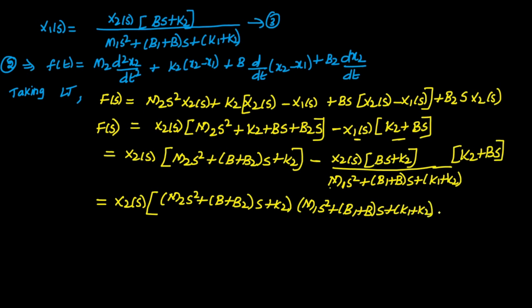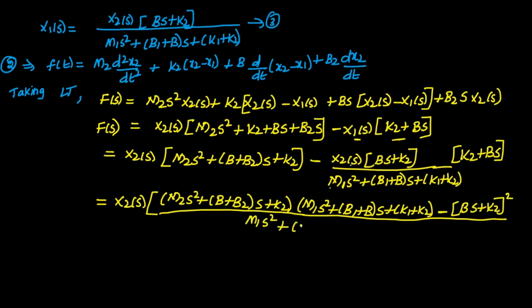Okay, minus x2 of s, we have taken it outside. So what is bs plus k2 into bs plus k2? It is bs plus k2 the whole square, correct, divided by m1 s square plus b1 plus b into s plus k1 plus k2. Okay. So this is f of s.